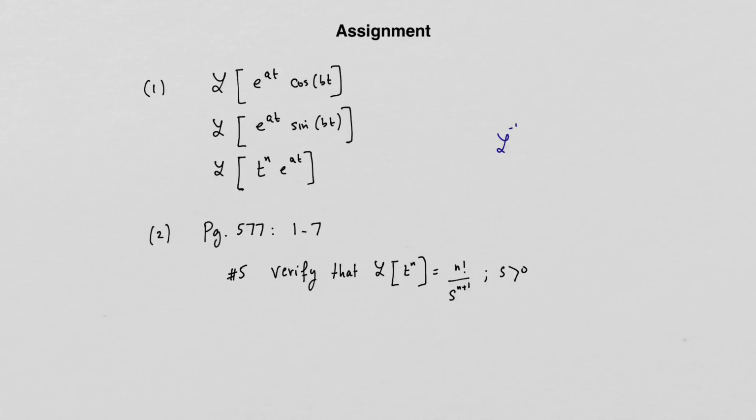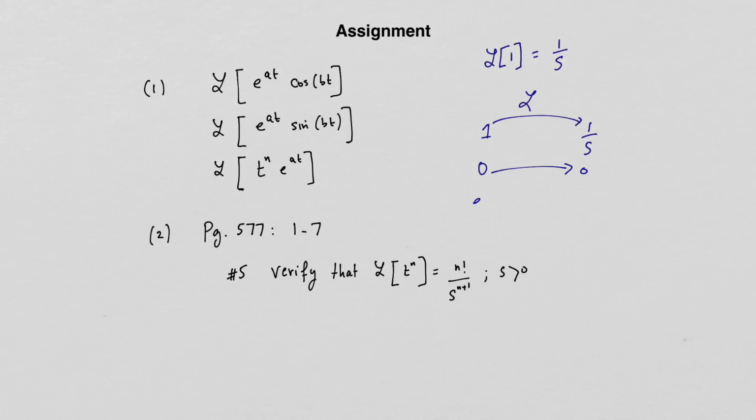Basically what it says is, for example, Laplace transform of 1 is 1 over s. Isn't that true? So basically, if 1 is in the domain and 1 over s is in the range, Laplace transform is the function or the operator that moves 1 into 1 over s, or moves 0 into 0, right?